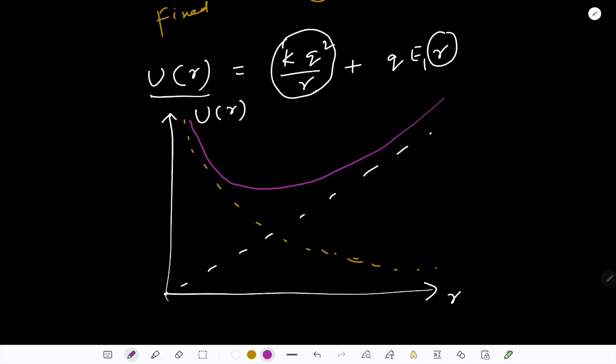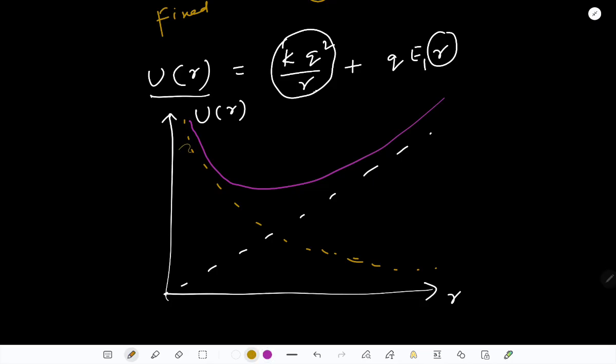So this is the main graph, U versus r graph. You can draw it if you know how to draw graphs. And from this graph you can find the path of motion of charges, or at least you can find the positions between which the charged particle is bound to move.